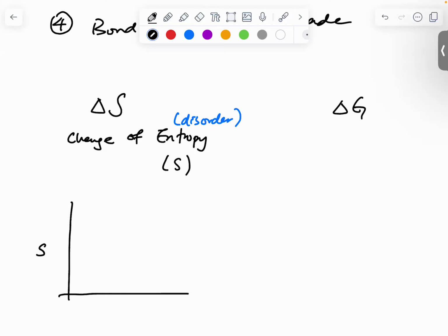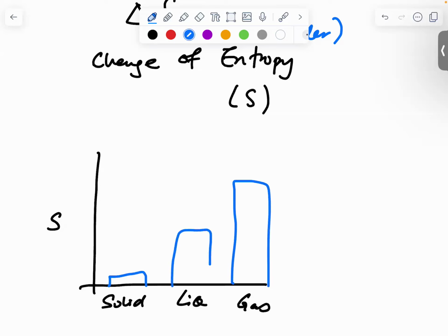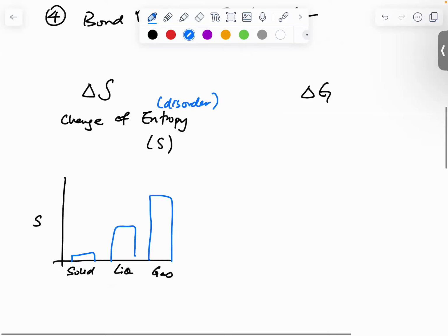How should we draw our bar chart for solid, liquid, and gas? The gases are chaotic, right? The gas molecules are flying around, so there will be a lot of entropy.